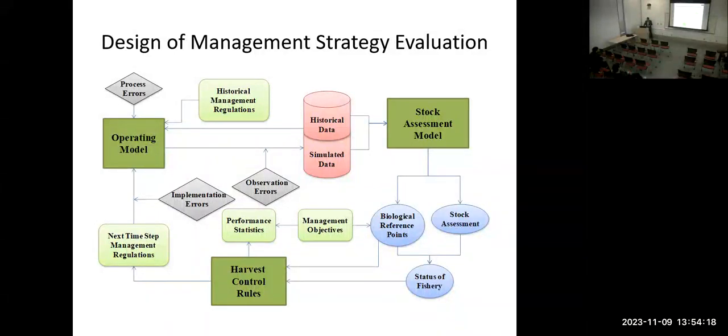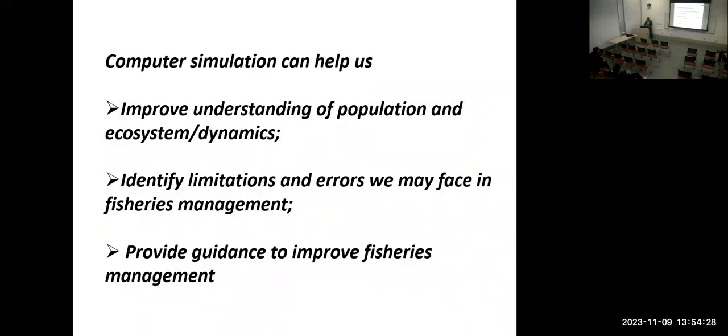But it's ongoing. That's why there are so many computer science students working in fisheries, because of all the modeling and exercises here. So in summary, I think computer simulation can help us improve understanding of population and ecosystem dynamics, identify limitations and errors we may face in fisheries management, and then provide guidance to improve fisheries.